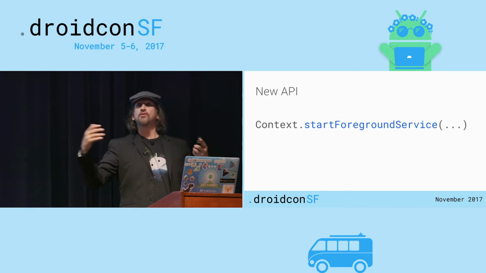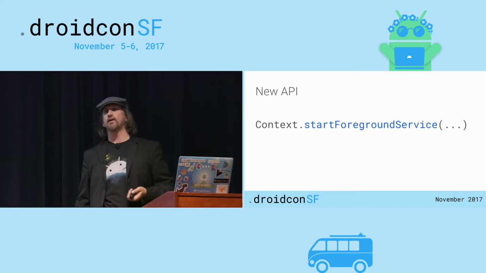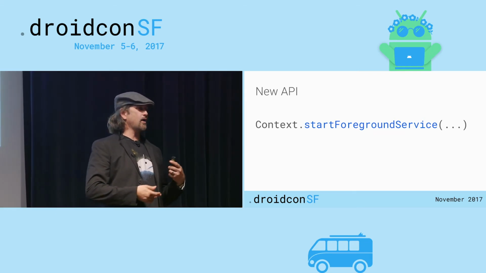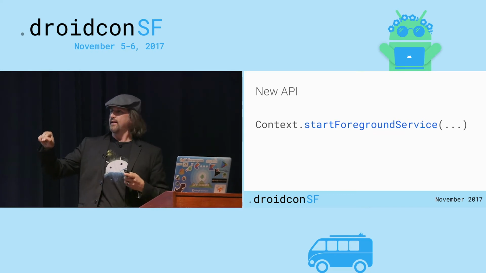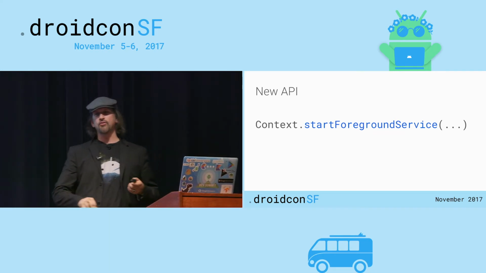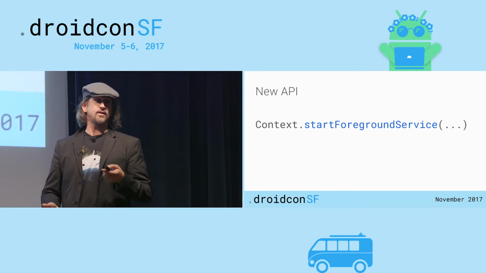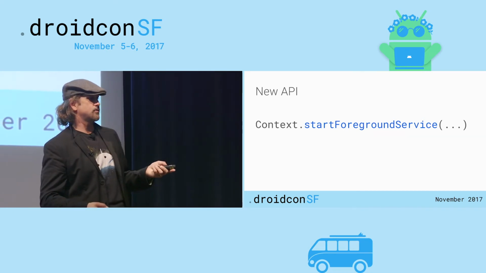In order to avoid that illegal state exception we mentioned earlier, because we want the API to fail quickly for developers so there's no question as to what's going on, we added an API called start foreground service. This doesn't actually make the service foreground. It just tells the system that this service is planning to become foreground. It'll allow it to run for a couple of seconds as a service, and then if you don't actually promote it to being a foreground service, it will die.